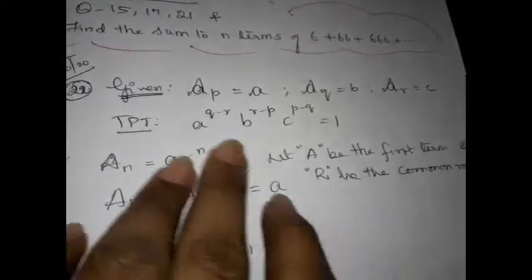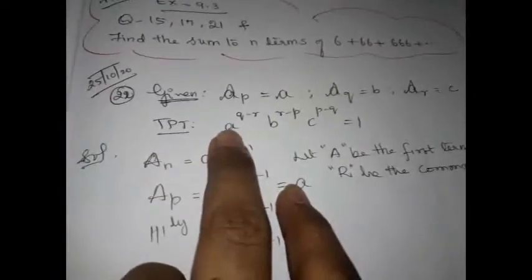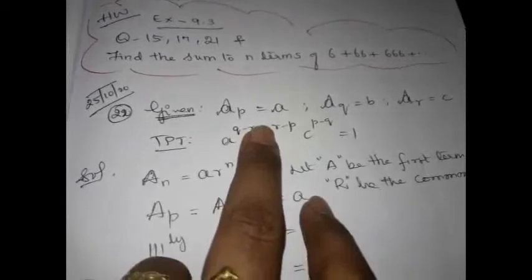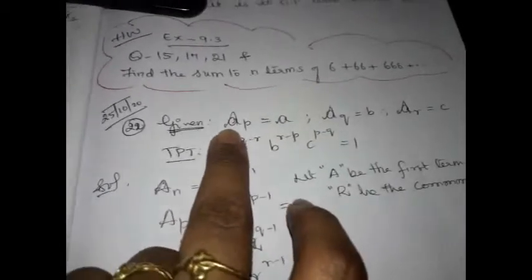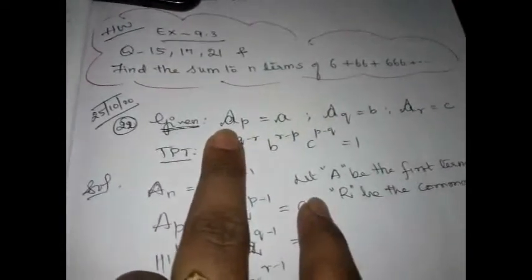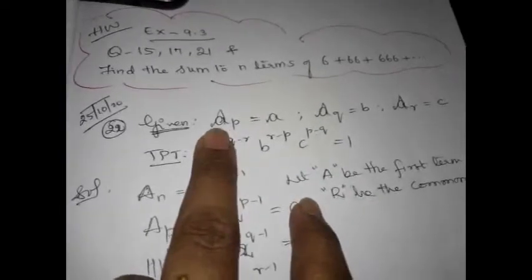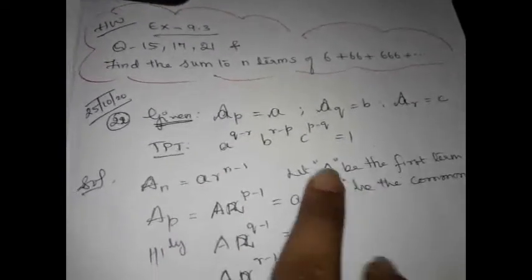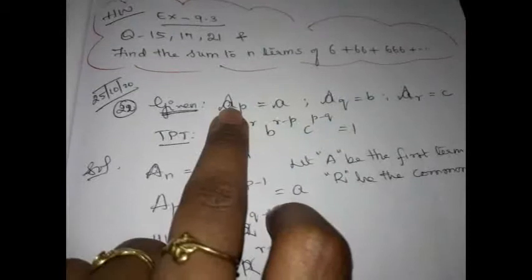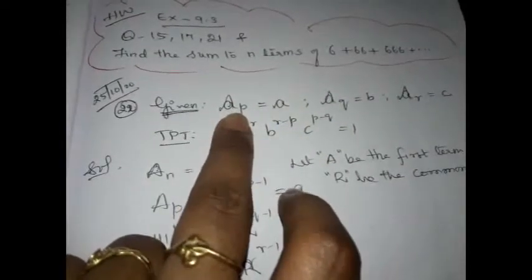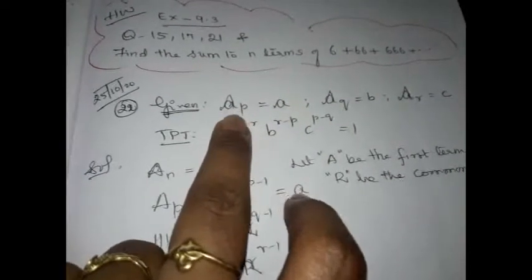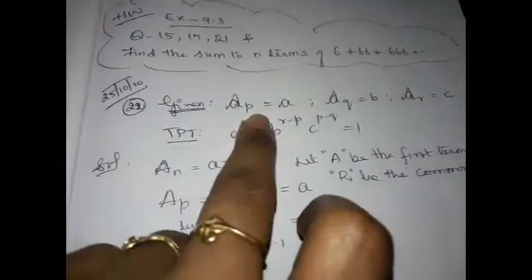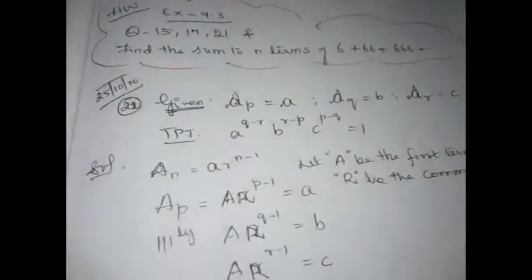Since we have terms in a and r, I have taken the first term of the GP as capital A and the common ratio as capital R. Normally we will assume small a with a suffix for the nth term, but here we have taken it as capital AP, AQ and AR.